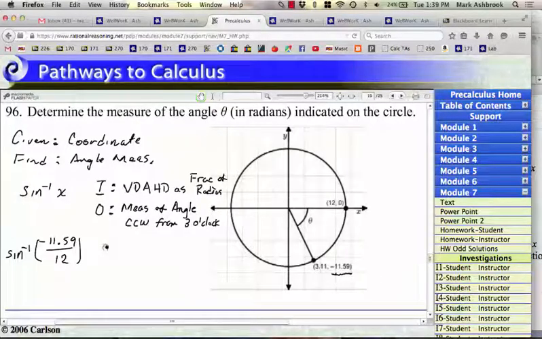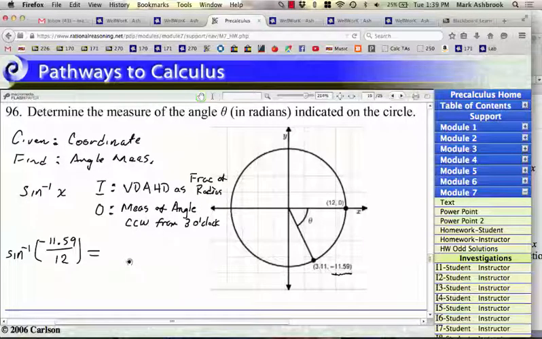Okay, so now when we do that, we need to make sense of the number that we get. So you're going to put your calculator in radians or degrees? Well, the problem wants radians, so put your calculator in radians. And when you do that, you get a number.